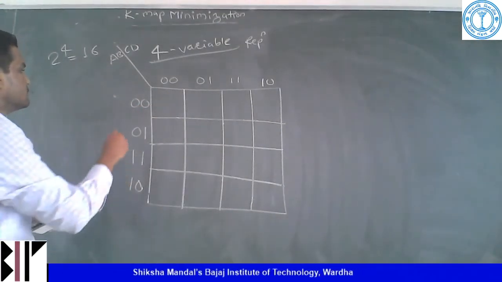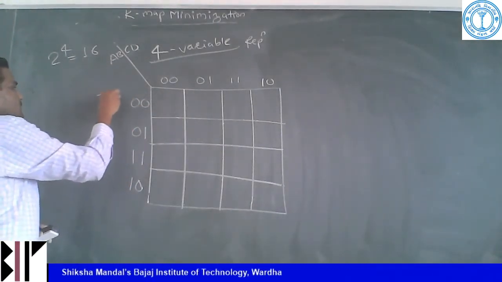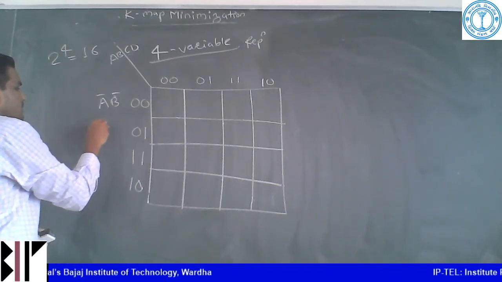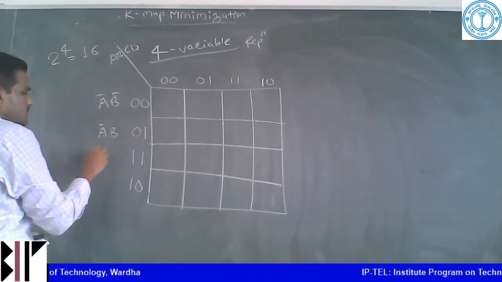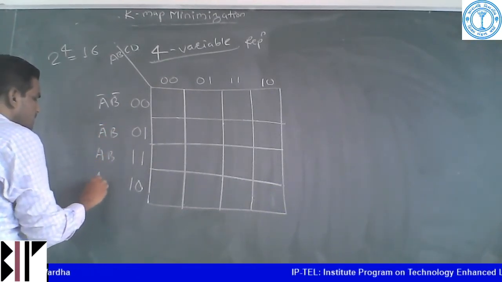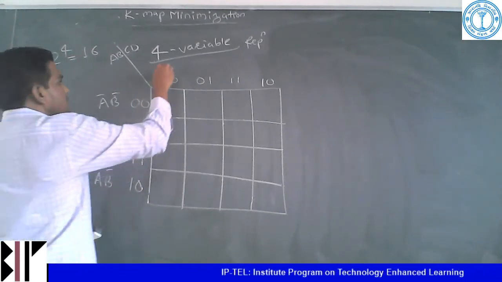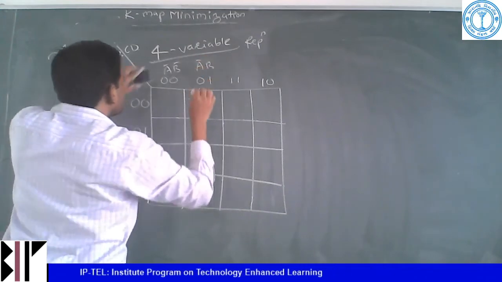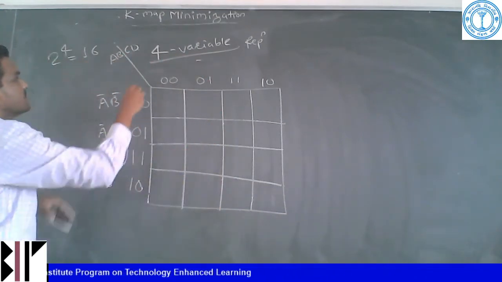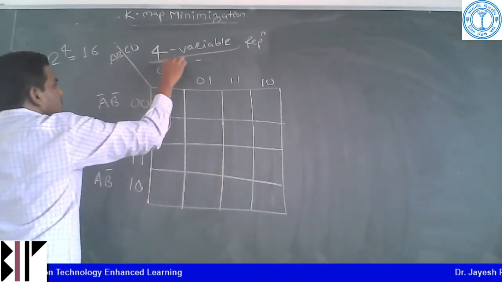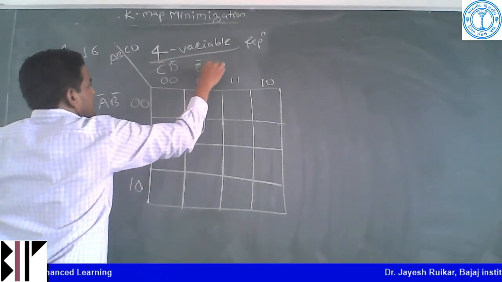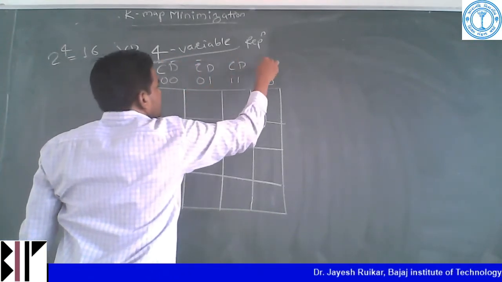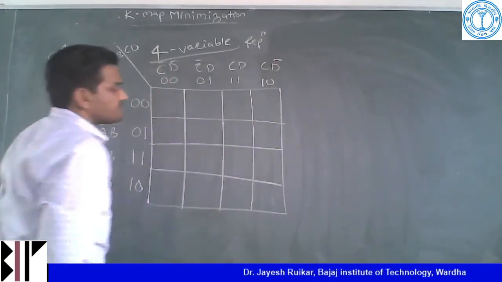So 0 0 I will write in terms of A bar B bar, then A bar B, then A B, and then A B bar. Sorry, this is the C D variable: C bar D bar, C bar D, then C D, C D bar.